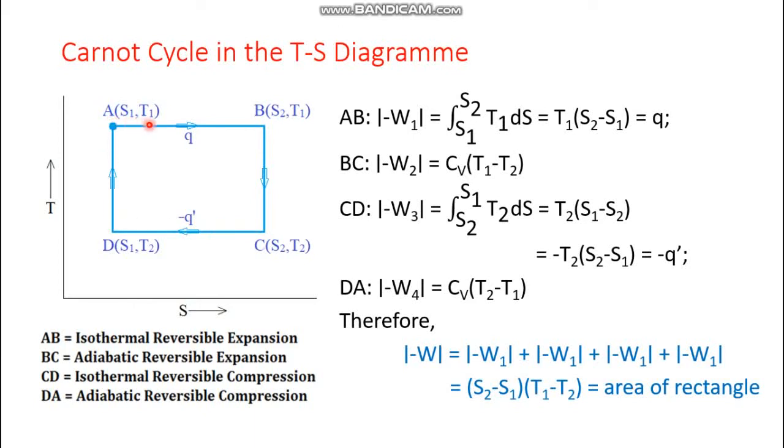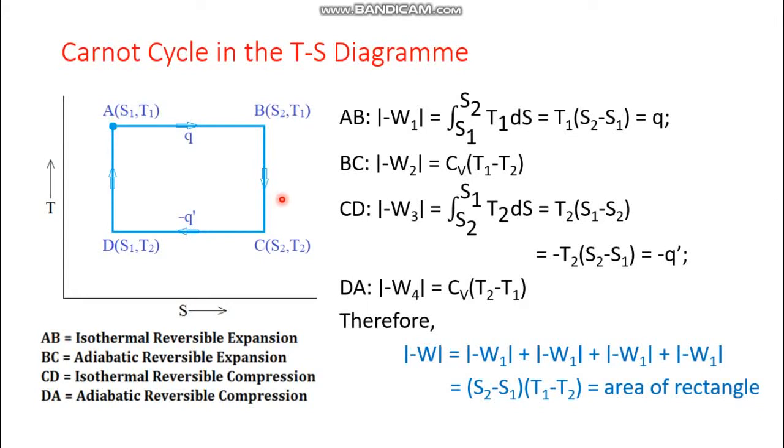Entropy increases due to expansion, then remains the same due to no heat exchange, decreases due to compression, and then remains the same due to no heat exchange. So this is the TS diagram of the Carnot cycle.